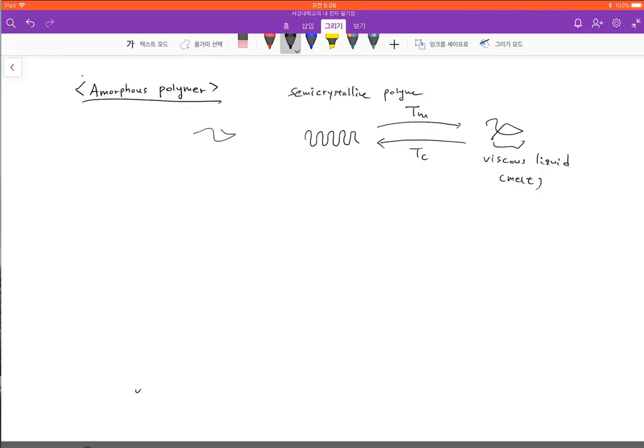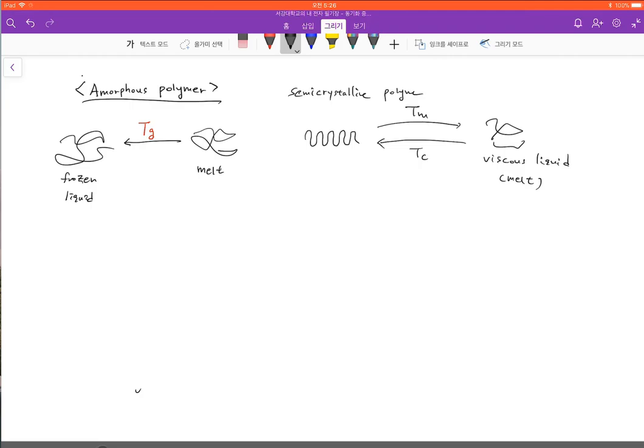If you recall, amorphous polymer at high temperature similarly melts. But below a certain temperature, which is called Tg or glass transition temperature, it becomes a similar structure but rather like a solid, or let's say, frozen liquid. So basically it is a frozen liquid, and the melt of the amorphous polymer is not really a melt.